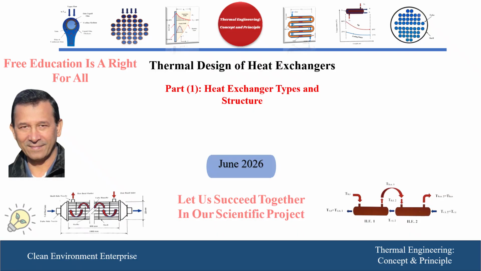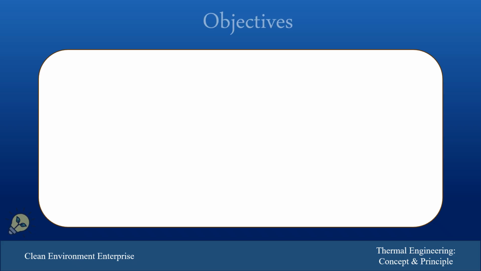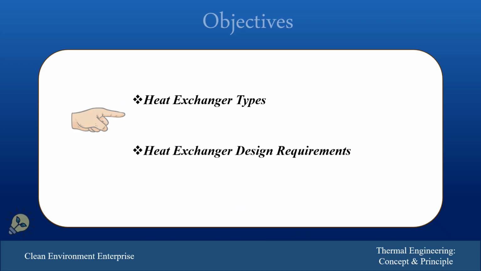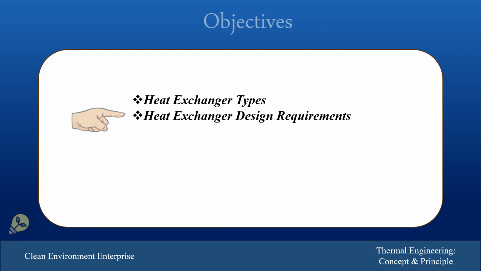Let us go to the detailed description of this episode. The main objectives of the present episode are heat exchanger types and heat exchanger design requirements. What are the most important factors to be considered before commencing the design of a heat exchanger?